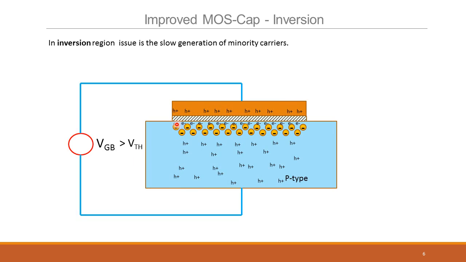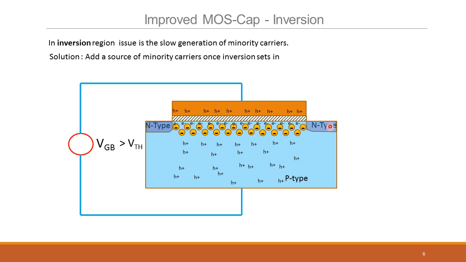If we have a source of electrons which are not the minority carriers from the bulk, that will be great, because bulk minority carriers can be generated only by thermal generation, which is a slow process. So we will add a source of minority carriers once the inversion sets in. And how do you do that? You just add n-type dopings at the two ends of this channel.